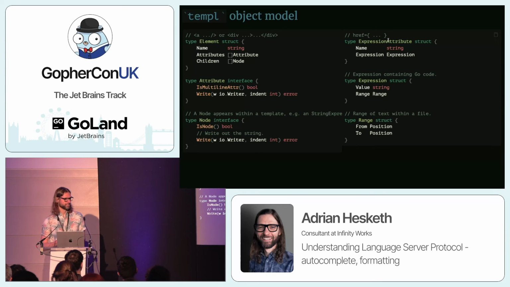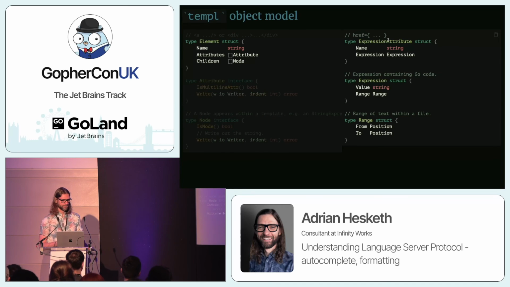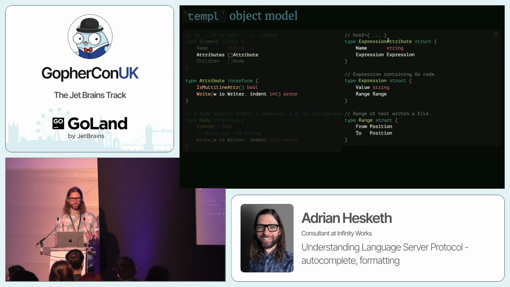If you imagine the sorts of things you're going to have in an HTML document, you're going to have HTML elements. Those elements are going to have a name. You're going to have attributes on those, HTML attributes. Those attributes can be of lots of different types, like expression attributes, Boolean attributes, CSS attributes.